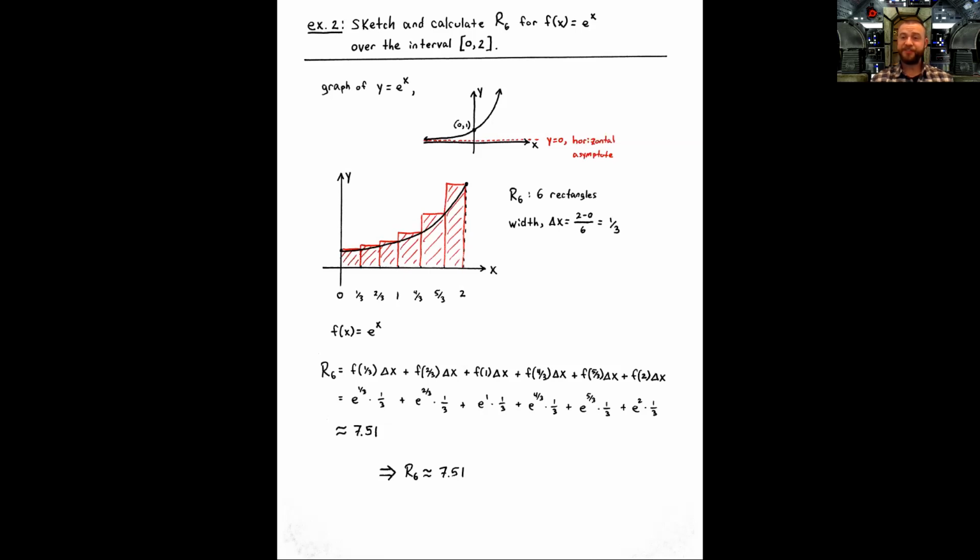So we have 6 terms representing the 6 rectangular areas. If you work that out, just be careful and use parentheses if you're plugging these into your calculator. You should get all these exponentials multiplied by 1/3, adding up to about 7.51. And that would be our right endpoint approximation using 6 rectangles.